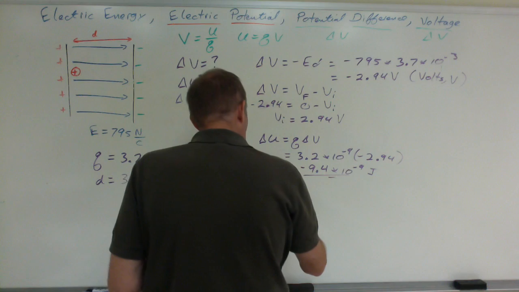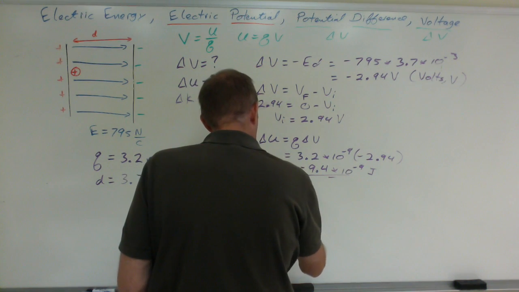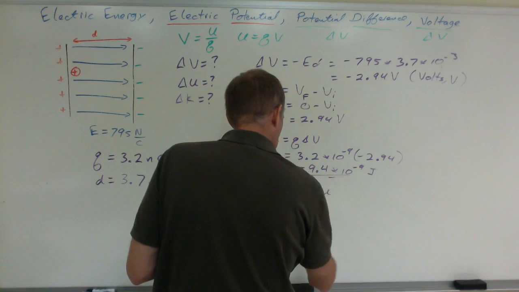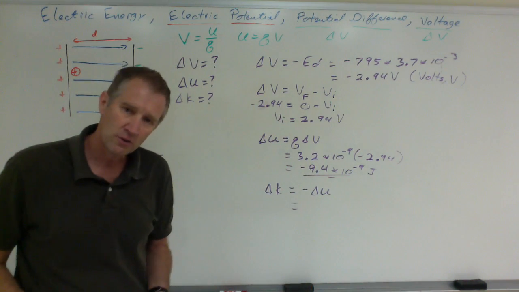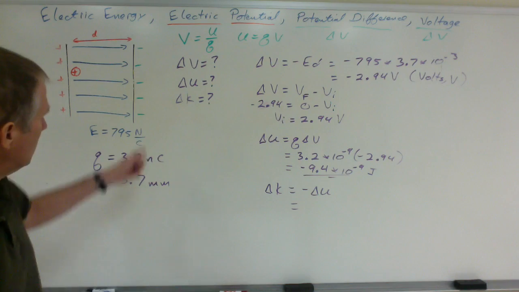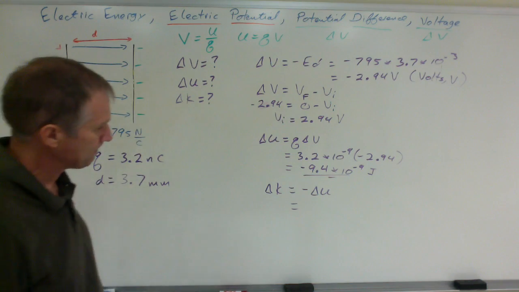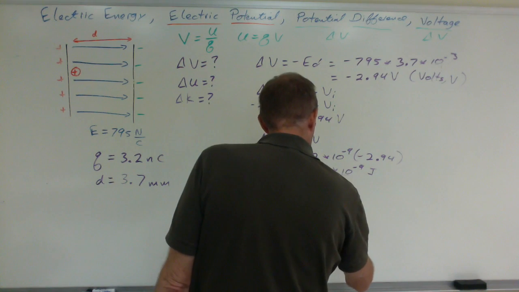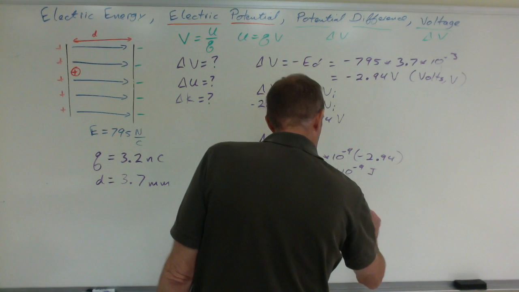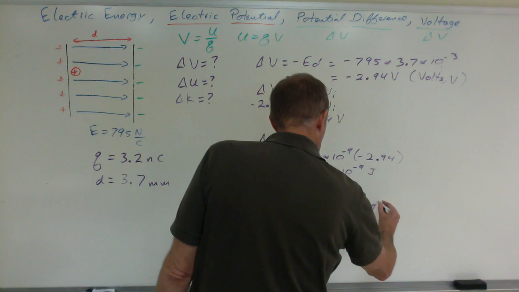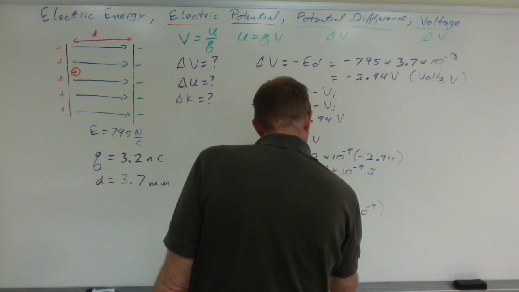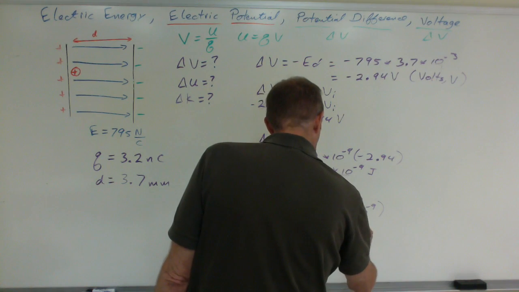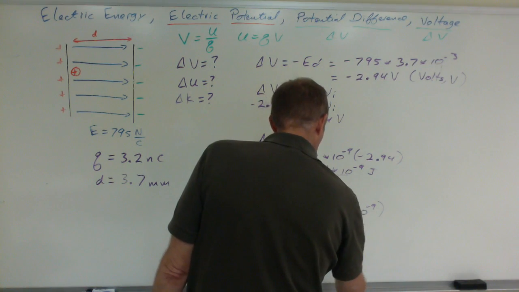What's its change in kinetic energy? Well, its change in kinetic energy is equal and opposite to its change in potential energy. Energy is conserved, at least until it hits the plate. So that's going to be minus a negative, which is positive 9.4 times 10 to the negative 9 joules.